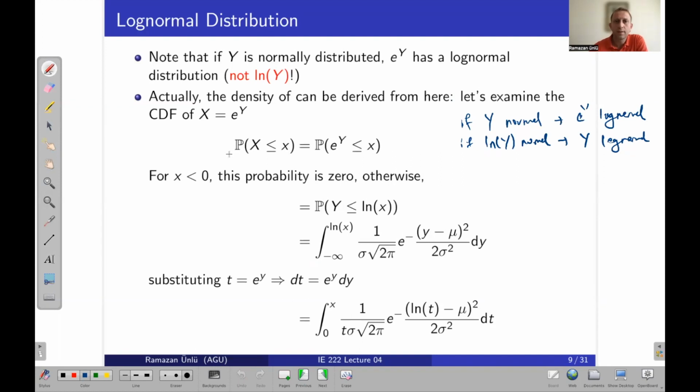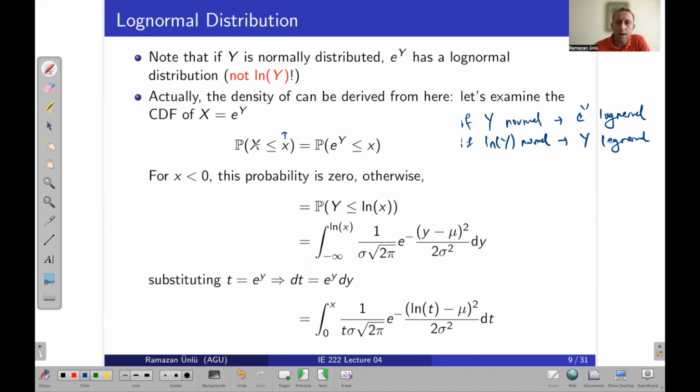So actually, the density of the log normal distribution can be derived from this point, and let's examine the CDF of x, which is equal to e to the power y. So y is normally distributed. The CDF of x is the probability that x will be less than or equal to some particular value, the small x.